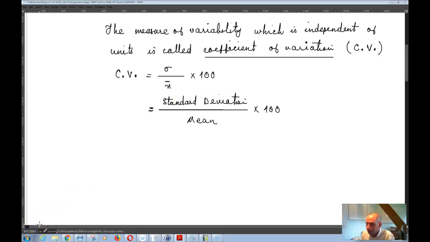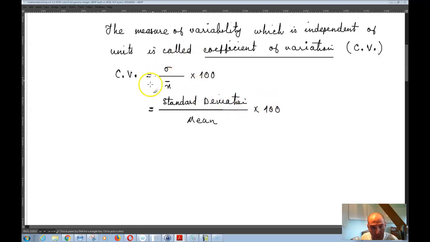For comparing the variability or dispersion of two series, we calculate the coefficient of variance of each series. The series having the greater coefficient of variance is said to be more variable than the other. And the series having a smaller value of coefficient of variance is said to be more consistent than the other.